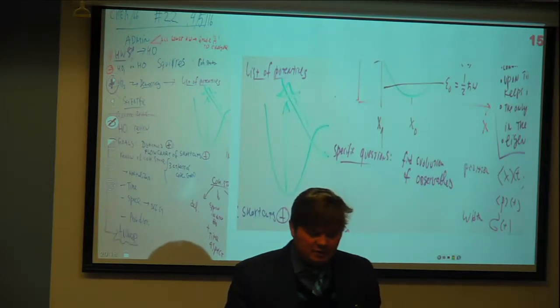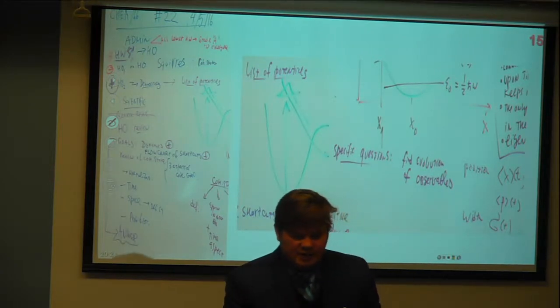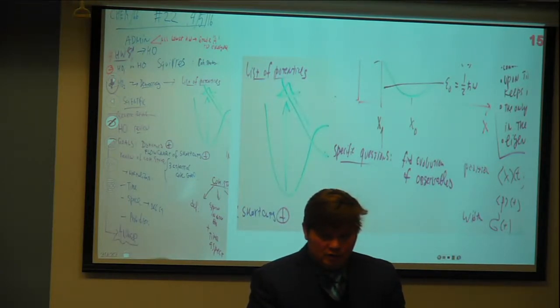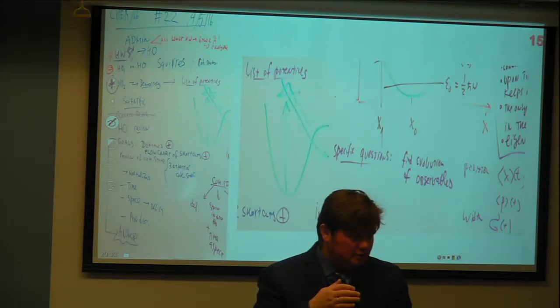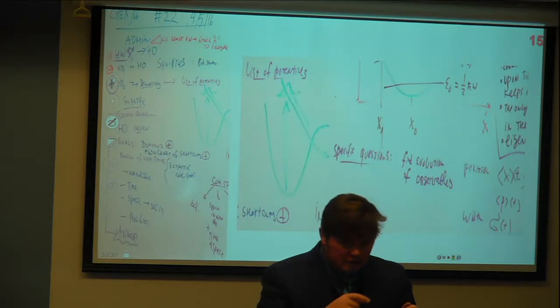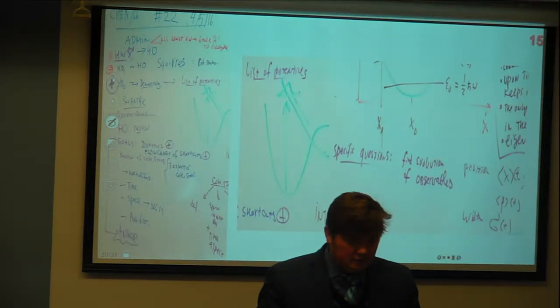But one of them: assume that you have a molecule where your coordinate is elongation or contraction of a bond. And this molecule can be prepared in different electronic states, ground and excited. For ground and excited, the potentials will be different.